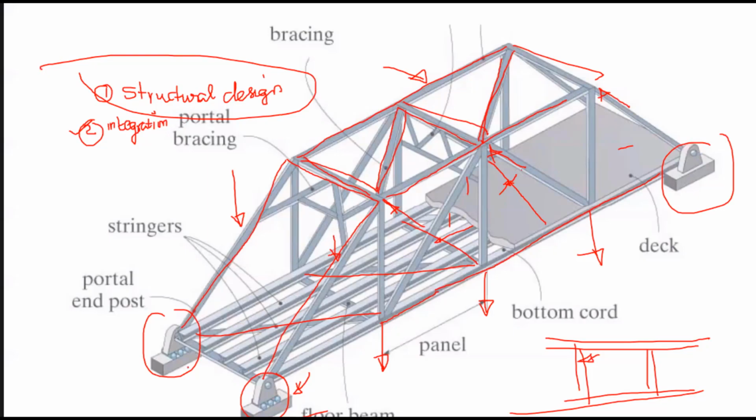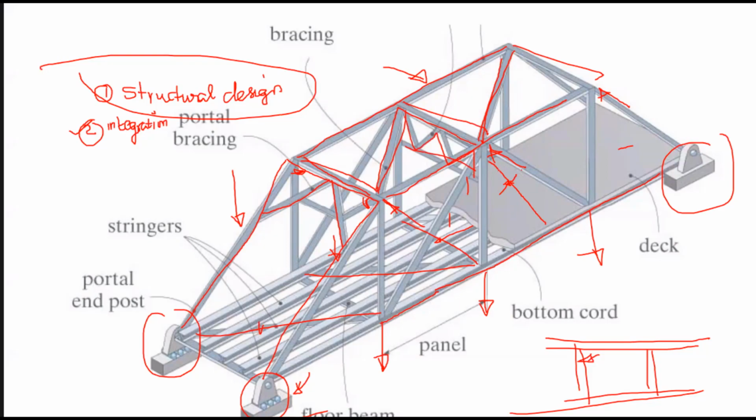Now you can see here, the end portal is given with a knee brace, right? It is trying to give rigidity to the corner members, because this acts like a portal, and using the portal action, it is transferring the load. Now you have some girders over here.